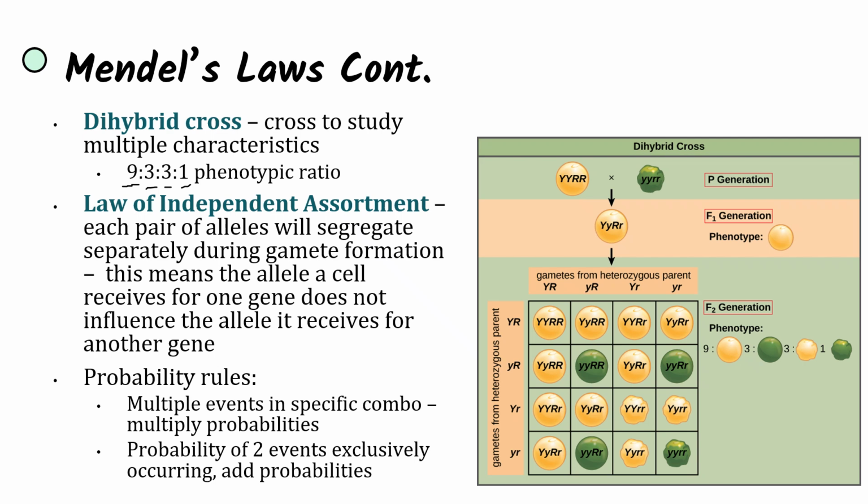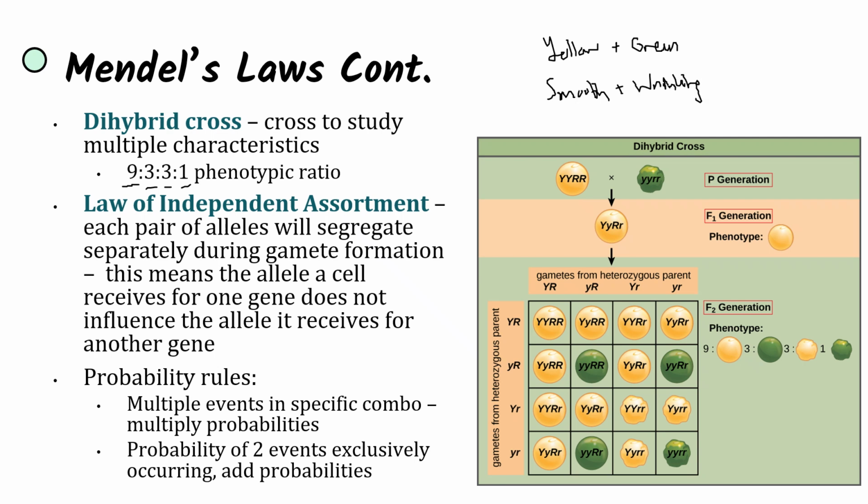And each one of these, or mostly each one of these, is going to have a different genotype. So here we're crossing yellow and green peas. So that's the first trait we're looking at, yellow and green peas. But they're also smooth and wrinkly.